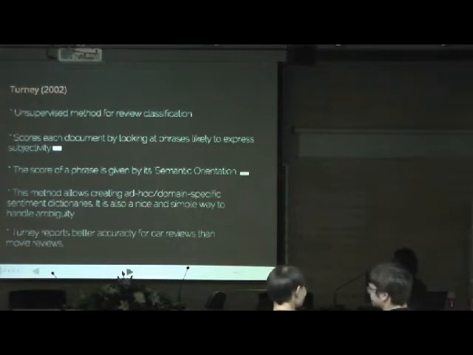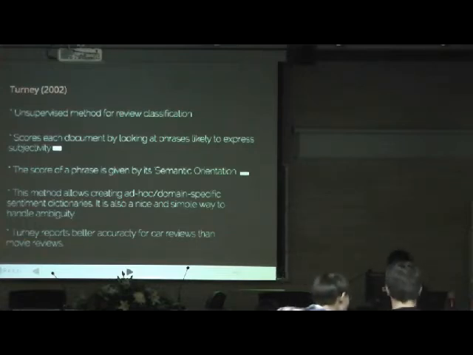The idea is that the program looks for the phrase on a bigger corpus or on the web and sees how often these phrases occur together with positive and negative words. This is very good because it allows us to create ad hoc or domain-specific sentiment dictionaries, and it's a nice way to handle ambiguity. And I'll say a couple of things about ambiguity in the next slide.